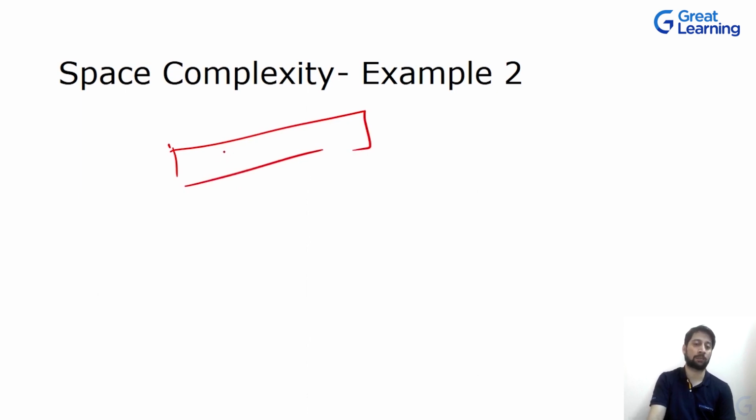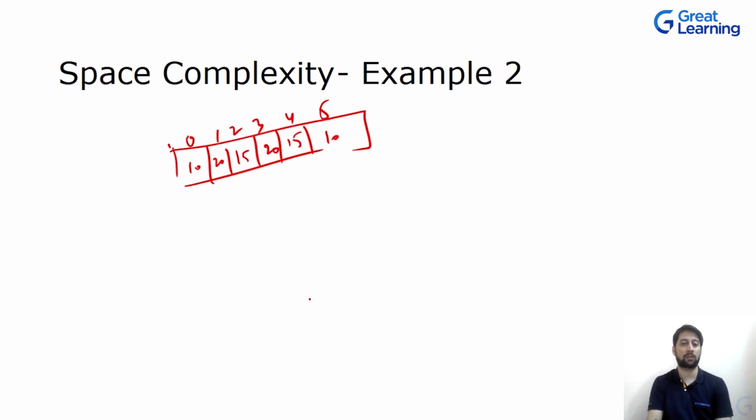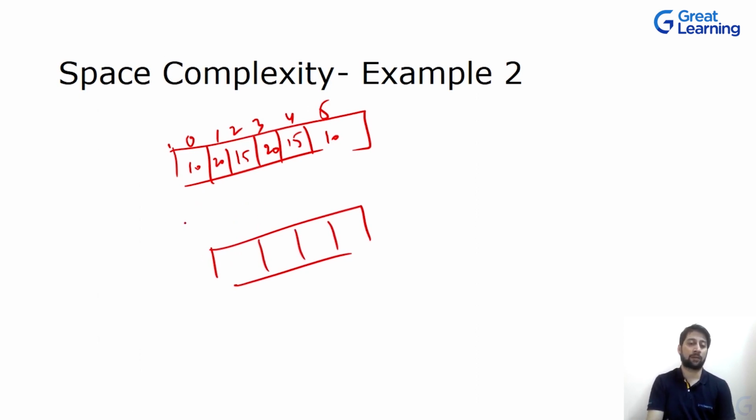Now if you talk about simpler examples, let's suppose you are trying to change the positions of even and odd numbers. Let's suppose you have these indexes in the array, and you have some values: 10, 20, 15, 20, 15, and 10. Now you want to find out the frequency of these numbers. So you will be using another array, and let's suppose you pick up this 10 and store it in this.